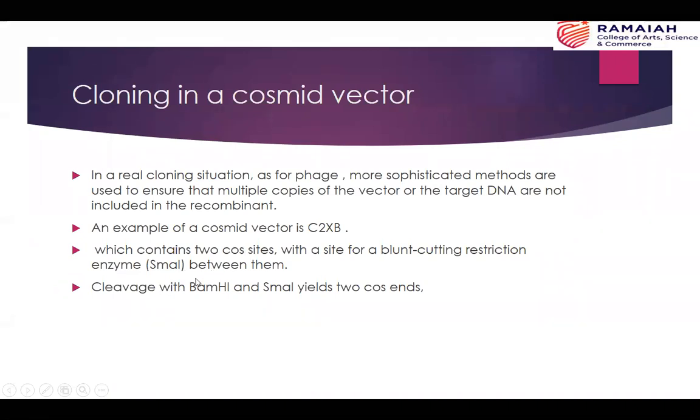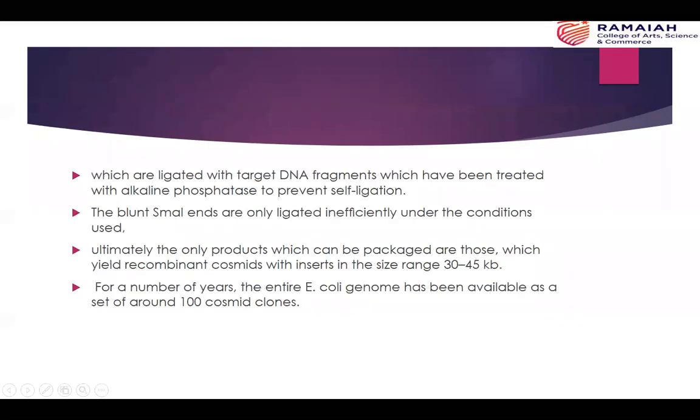And then when you carry out the cleavage with the restriction enzymes BamHI and SmaI, because there is also a site for SmaI, it produces two cos ends. These two cos ends which are produced can be allowed to ligate with the target DNA, and the target DNA also would have been treated with alkaline phosphatase.